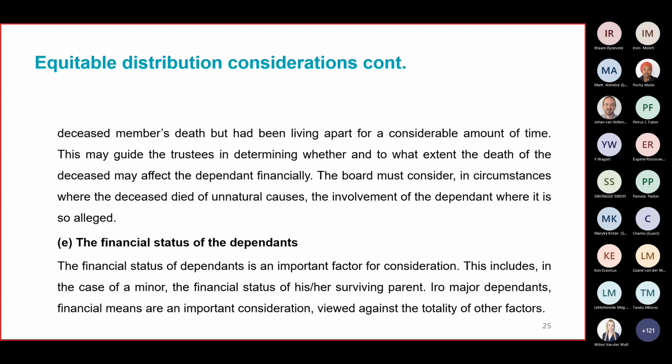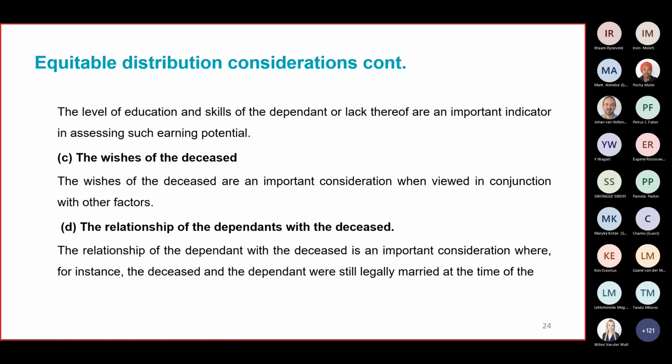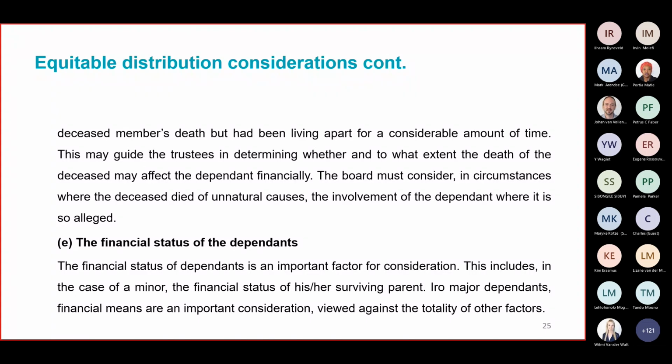So where the person might have been involved in the death of the member, that person will not receive a portion of the death benefit. And as I said earlier, if, for example, the parties were not living together, they were estranged, whether it's a spouse or children, that relationship between the dependent and the deceased is also an important consideration.